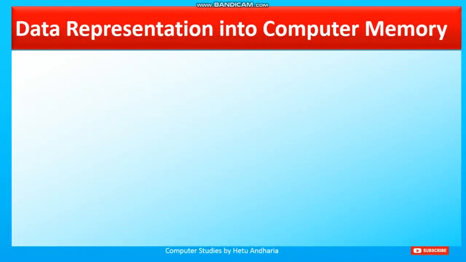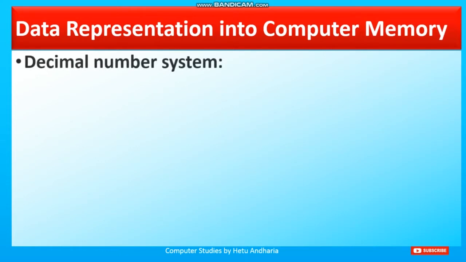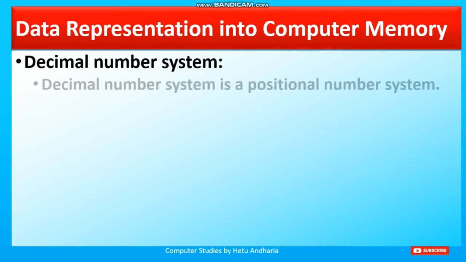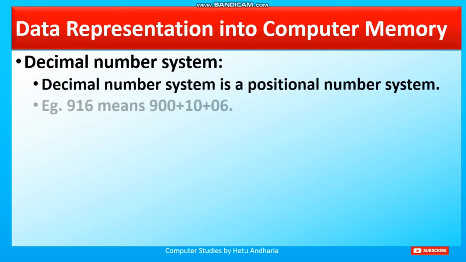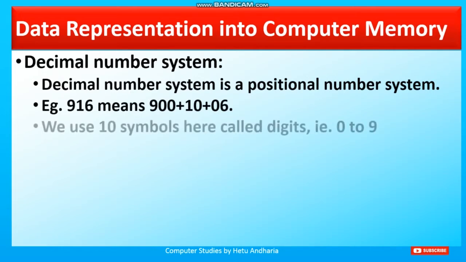Now we all are familiar with the decimal numbers, am I right? The number system which we are using in our daily life is known as decimal number system. Now decimal number system is a positional number system, that is zeros, tens, hundreds, like that way. So it depends on the position of the number.